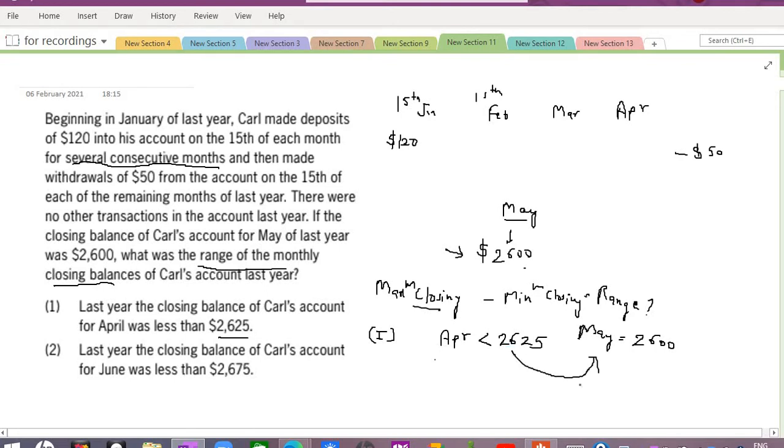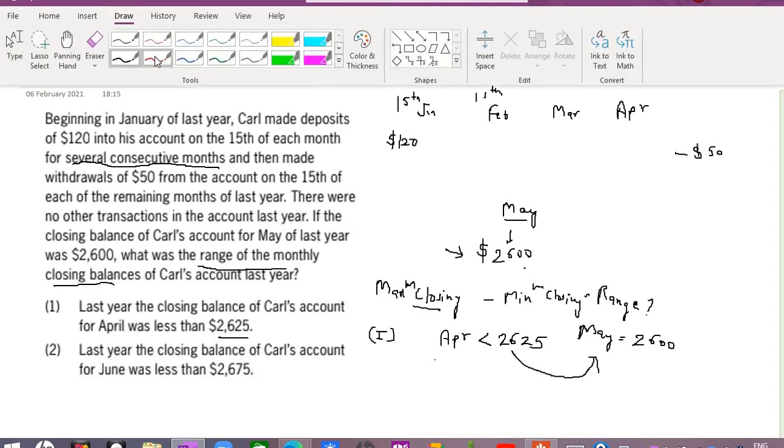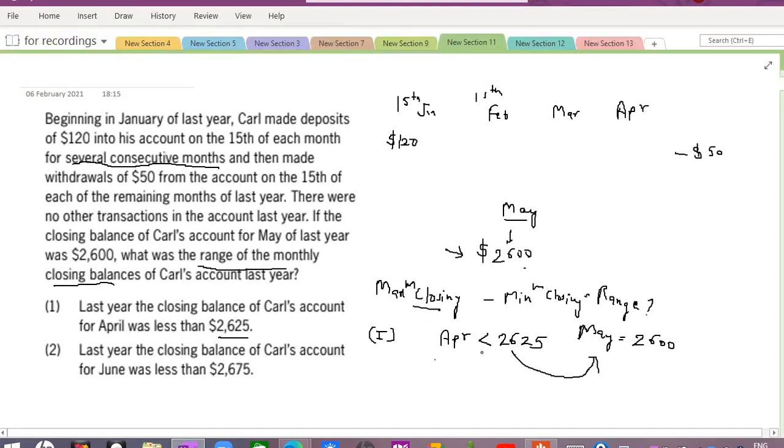Yes, there is a withdrawal. Are you sure? It looks like that, but one thing I don't understand, Amrita, is that $50 is the withdrawal amount, but I can't make meaning out of it. Exactly. Let's say this is less than 2625. For a minute, just assume that April's closing balance is equal to 2625.